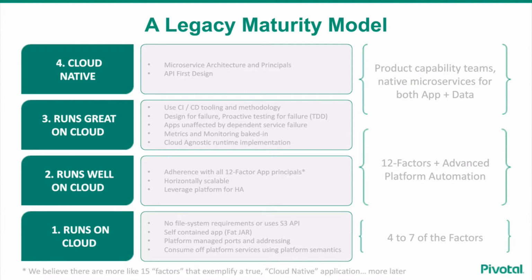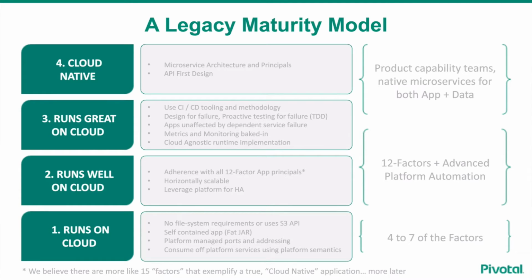Continuing to move up from that, you're starting to get into some of the more advanced platform automation to make it run great on the cloud. Let's look at doing continuous integration and continuous delivery and the tools and software methodologies that come along with that. Often concepts like Agile, XP, and test-driven development. Your apps, you want them to be unaffected by service failures.